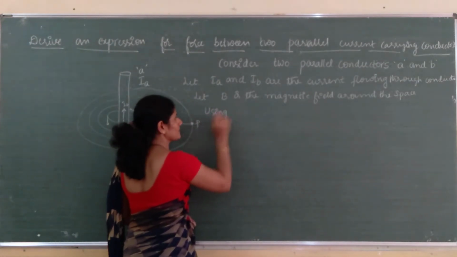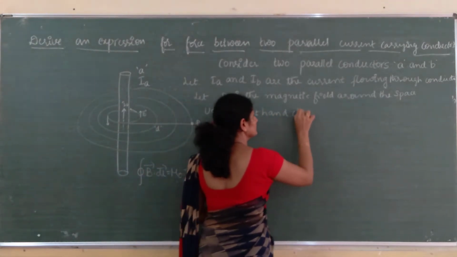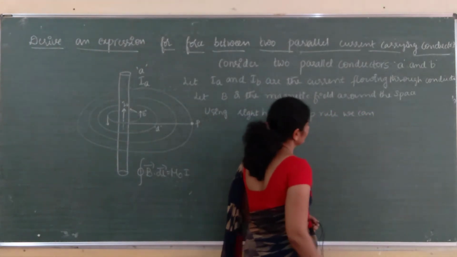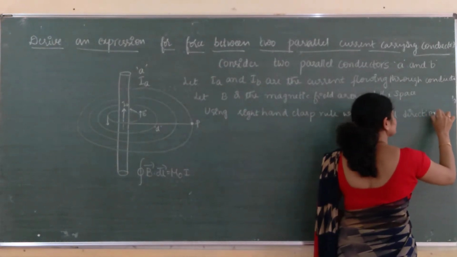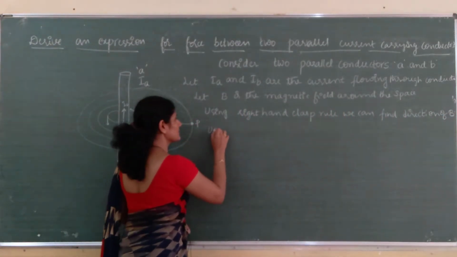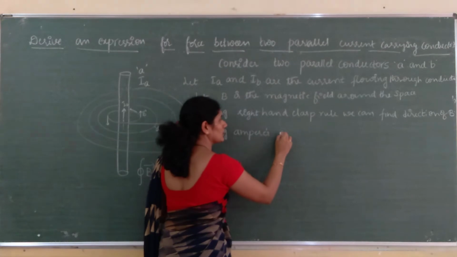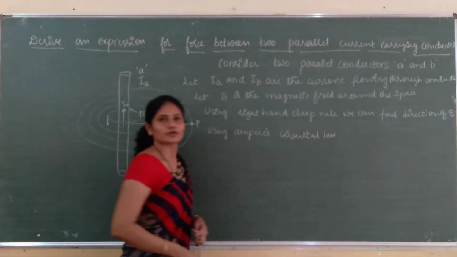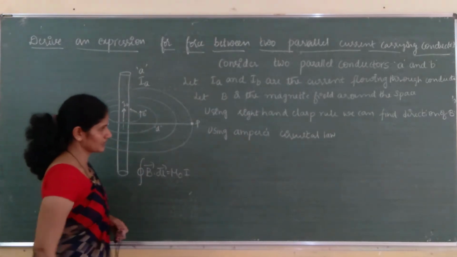Using the right hand clasp rule, we can find the direction of the magnetic field B. Using Ampere's circuital law, here we can use Ampere's circuital law because this is the Amperian loop and this is the conductor.